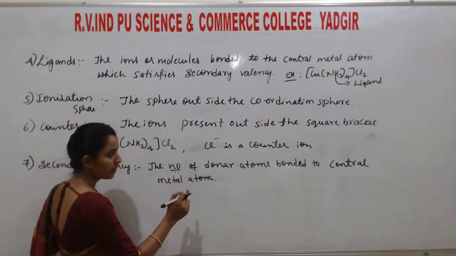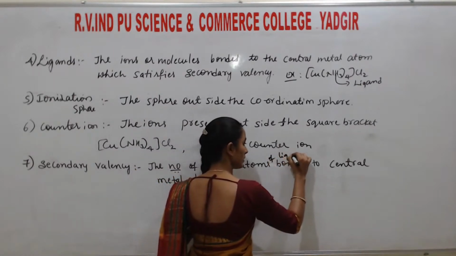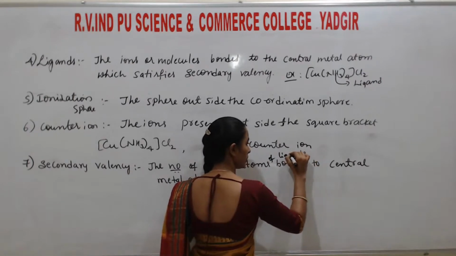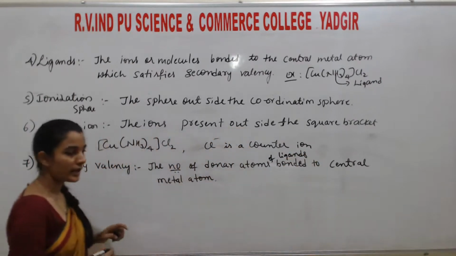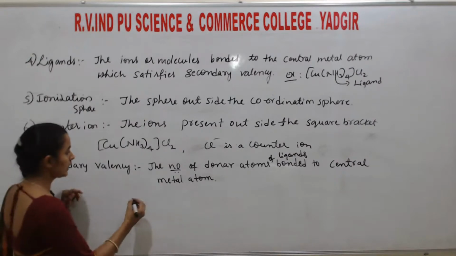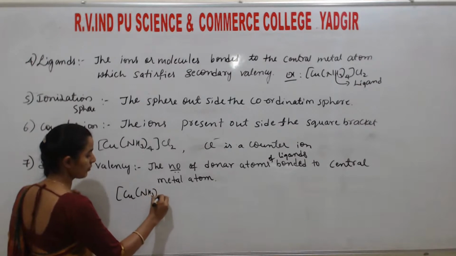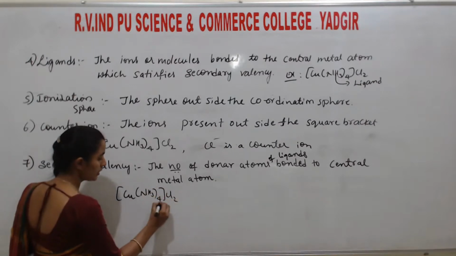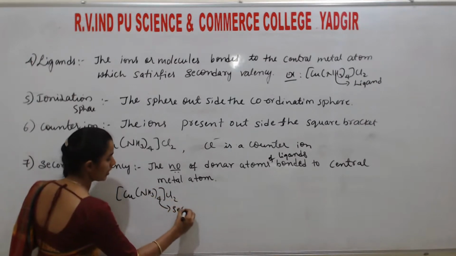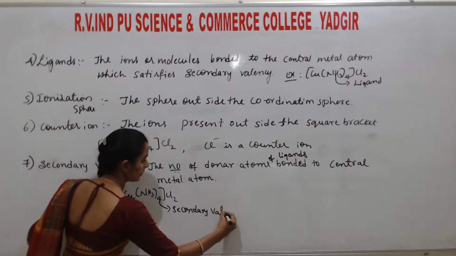That is especially donor atoms of ligands which are bonded to the central metal atom. So in the example, [Cu(NH3)4]Cl2, the 4 is the secondary valency.